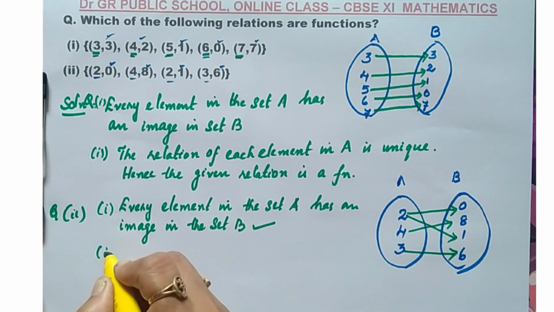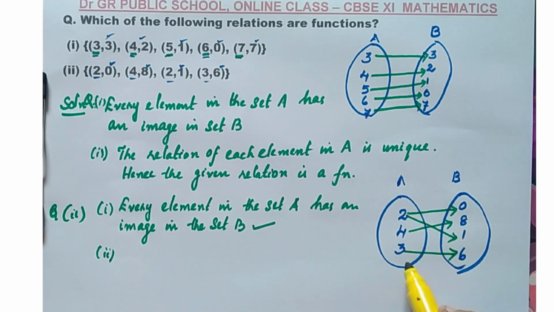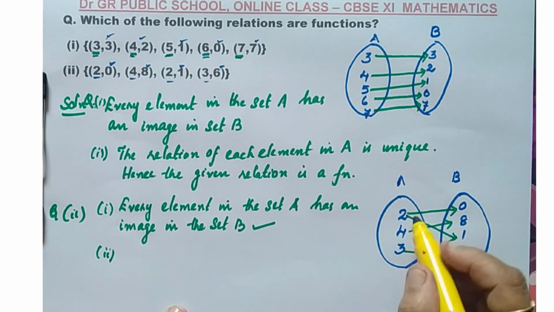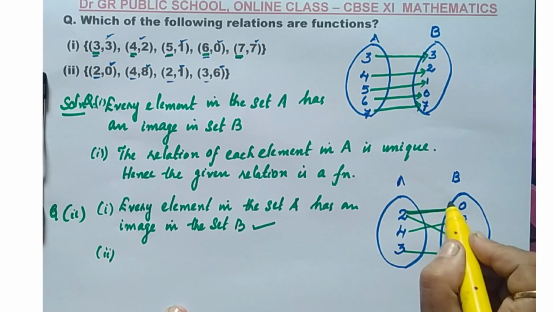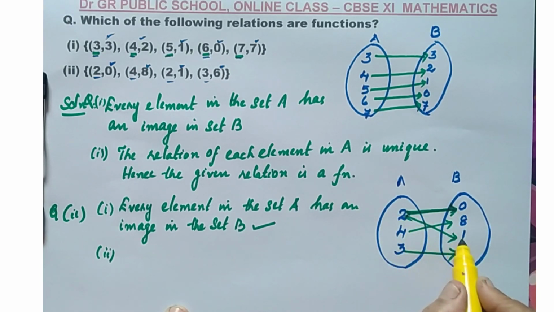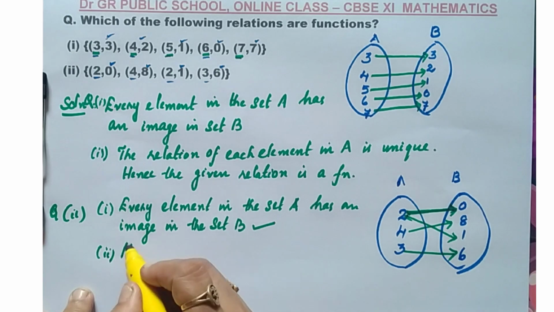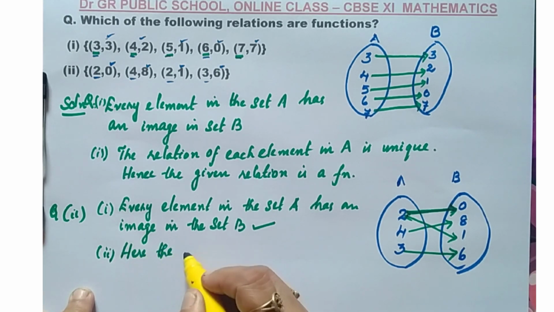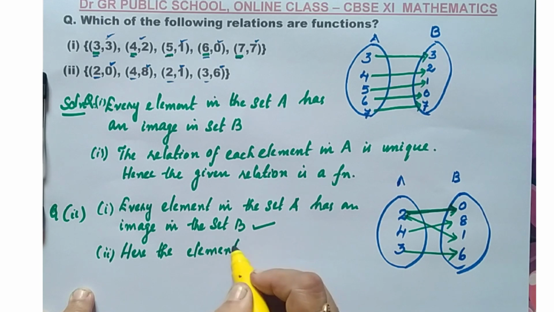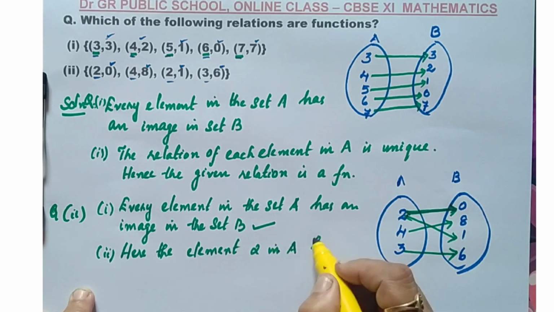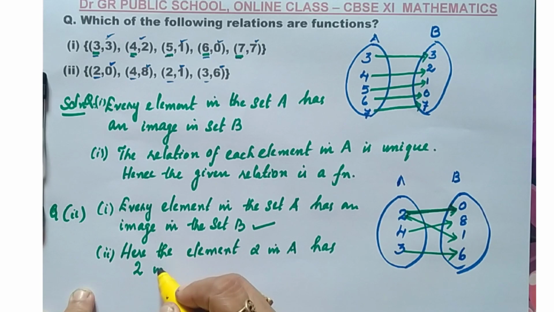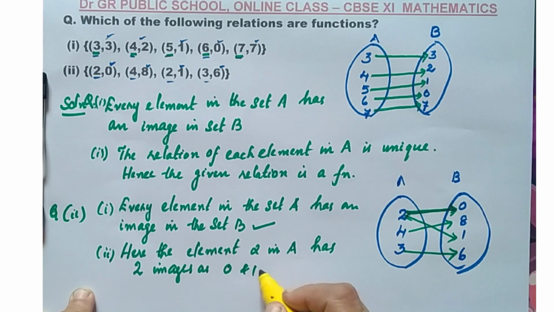But the second condition, that the image of each element in A is unique, fails. Here 2 is connected to 0 and 2 is connected to 1 also. You need to write here that the element 2 in A has two images. Which are the images? 0 and 1. Hence the given relation is not a function.